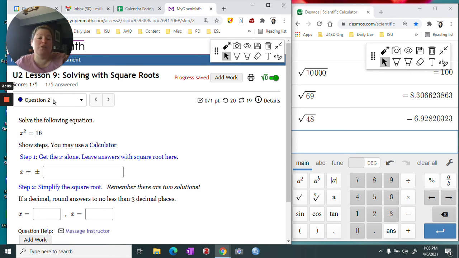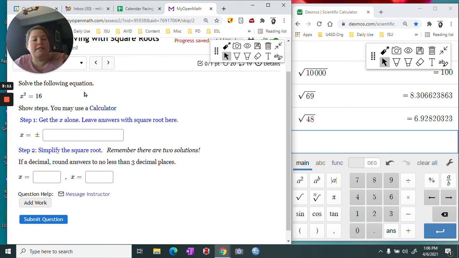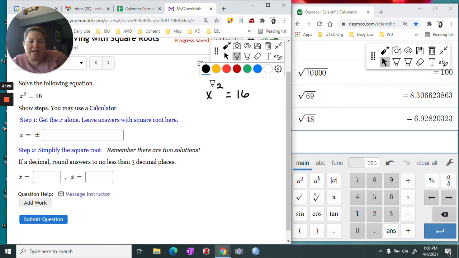So question 2 has us solving for x squared. So step 1 is get the x alone. How do we undo squaring then? So if I have x squared equals 16, I undo squaring with the inverse operation of square rooting.